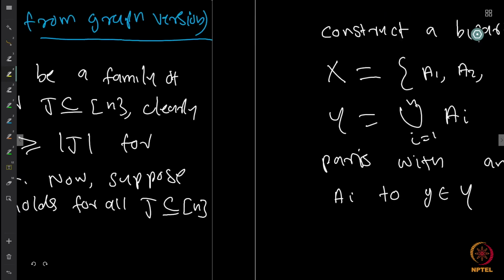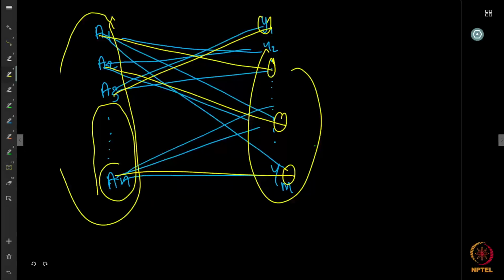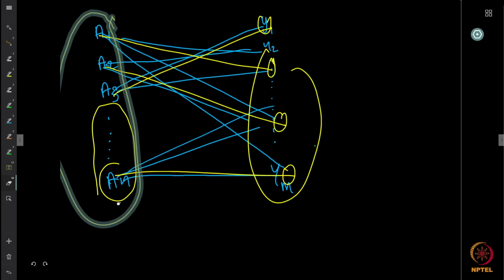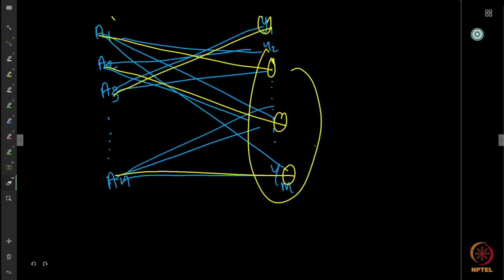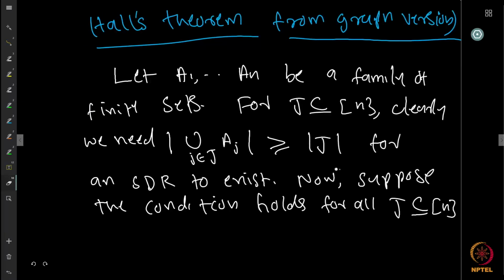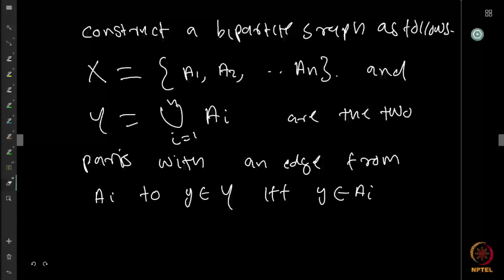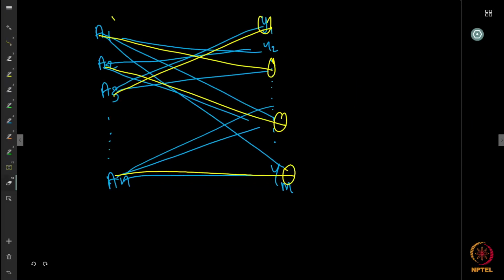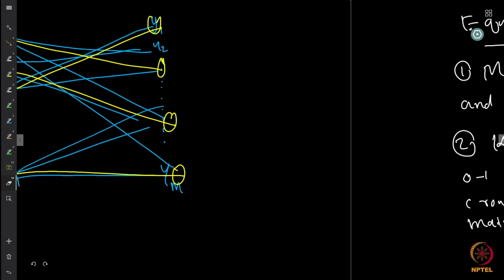So there is a matching which saturates the side X, or in other words, there is a matching which saturates A1 to AN, which says that there is a system of distinct representatives, right? And that is true if and only if this condition is true, right? So therefore, we get the general Hall's theorem, or system of distinct representatives, from the bipartite version of Hall's theorem.